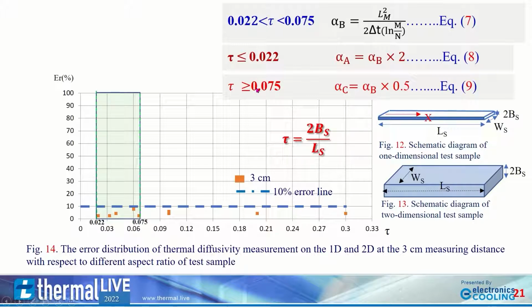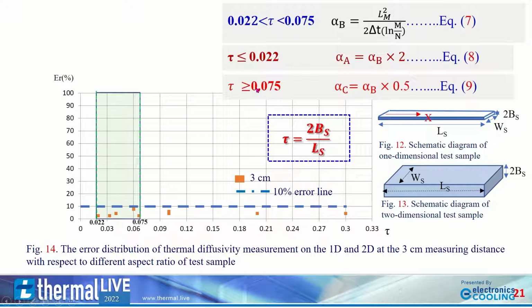The aspect ratio is defined as the ratio of the thickness to the length. Furthermore, we use different aspect ratios as the calculation benchmark for the 2D vapor chamber, and based on this ratio change, we further divide different zones.